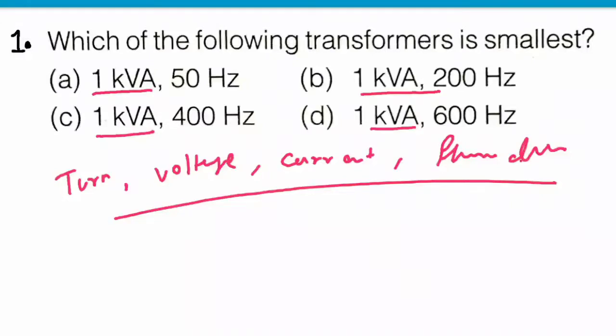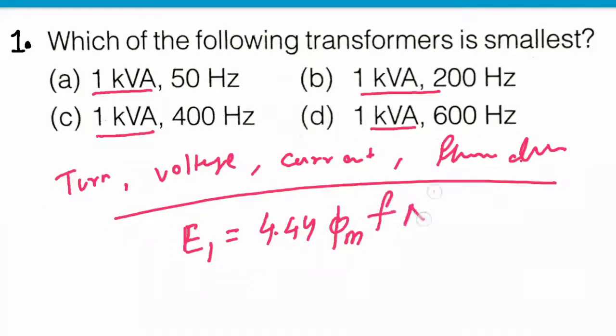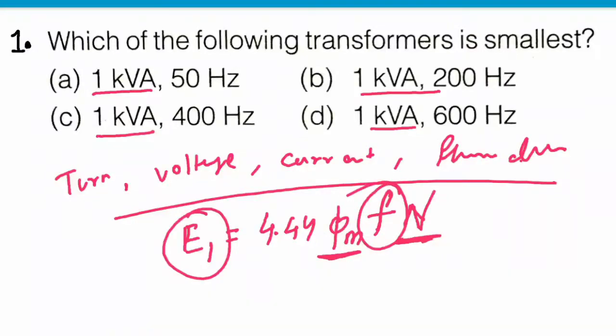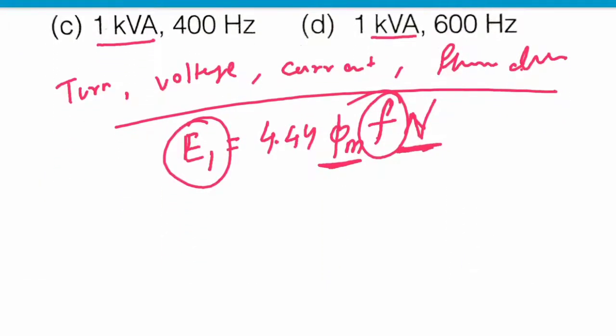So from this we can write the equation: E, the EMF, is 4.44 phi max, the maximum flux, F N. N is the number of turns, F is the frequency, and here flux is fixed, number of turns is also fixed, and voltage is also fixed.